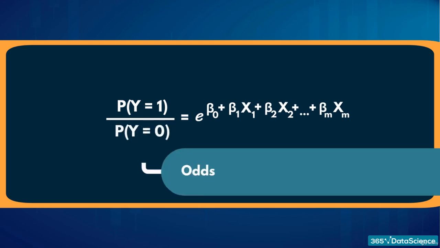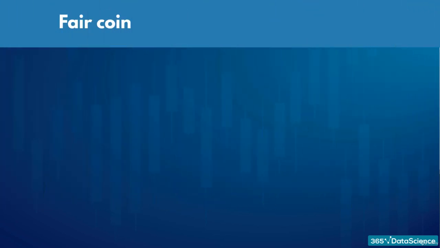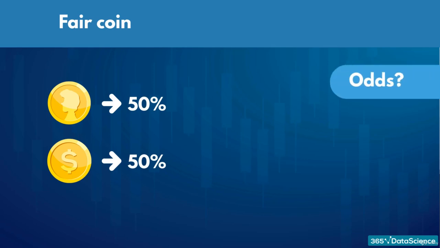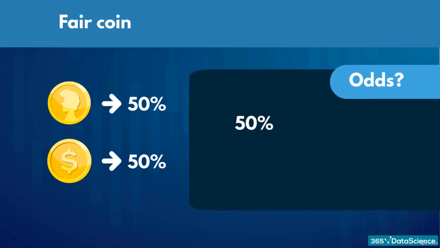It's called odds. For instance, if you throw a fair coin, there are two possibilities, heads or tails. I prefer heads, so what's the probability of getting heads? 50%, right? But what are the odds of getting heads? Well, they are equal to the probability of getting heads to the probability of getting tails.